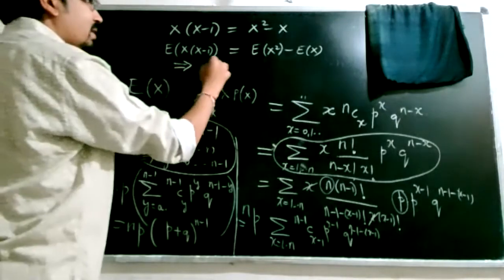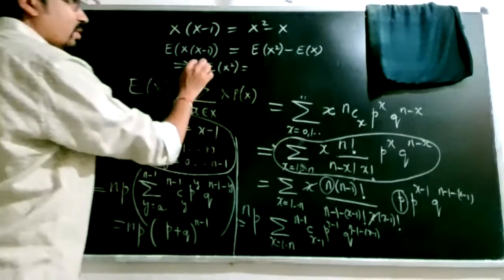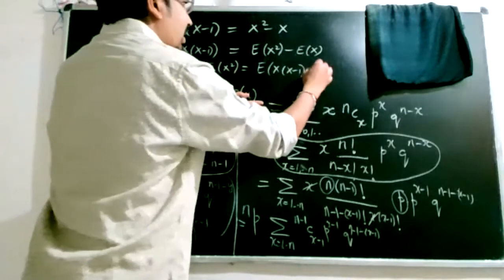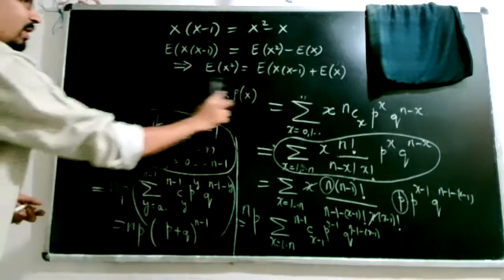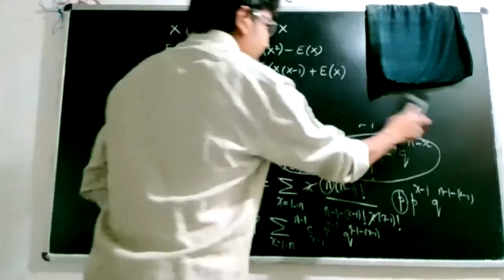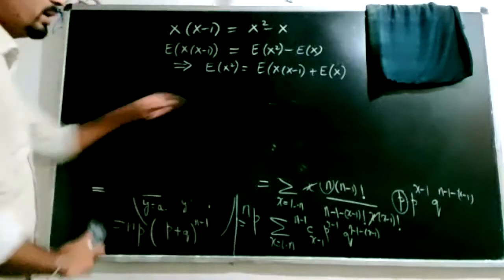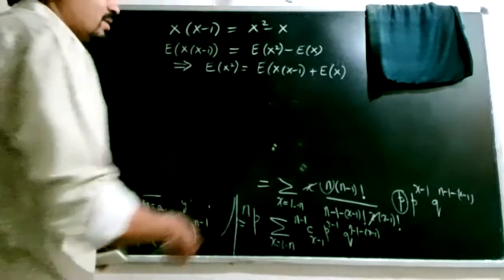So this implies E of x square, when you send E of x to this side, will be E of x into x minus 1 plus E of x. So to obtain E of x square for a binomial distribution, you have to obtain E of x into x minus 1 and add E of x to that.